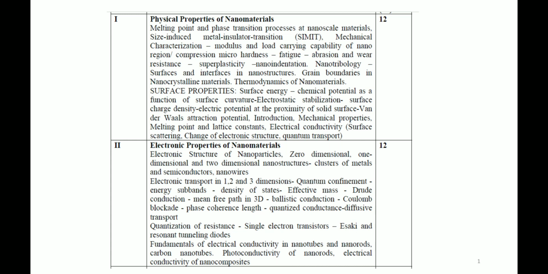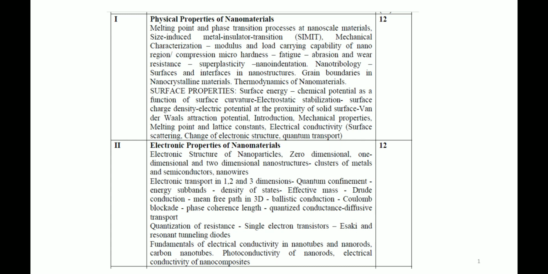Then the effective mass, then Drude conduction, a very fundamental conduction mechanism, and mean free path in three dimensions. This Drude conduction helps us understand the conductivity in the three-dimensional material, that is the micro material. And then there is ballistic conduction. The conduction happening in the nanomaterial is basically ballistic conduction.